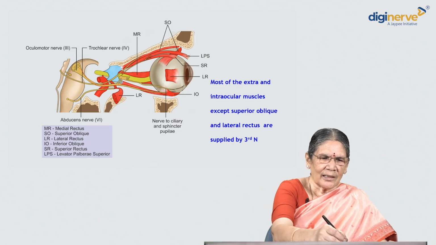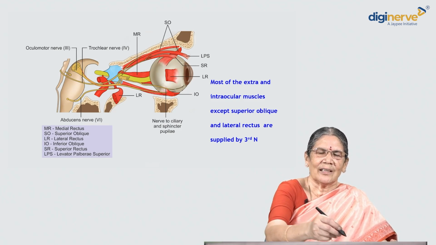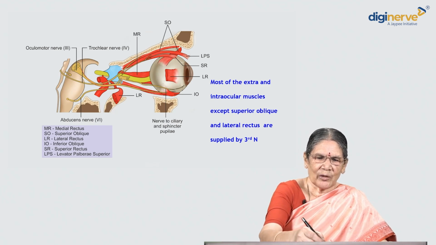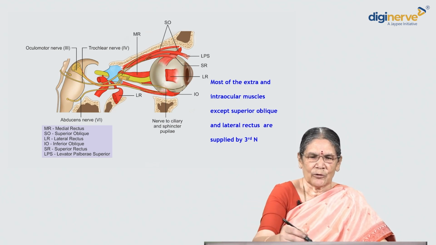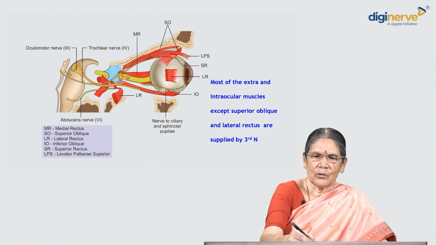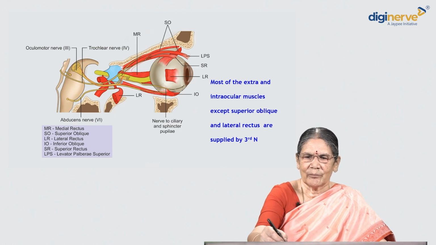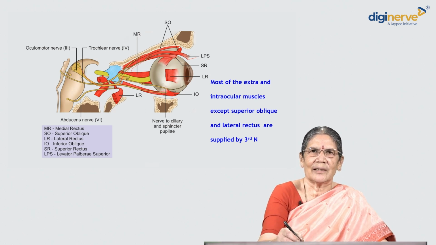The nucleus lies in the floor of the aqueduct of Sylvius, characteristically near other neurological structures. After it comes to the orbital portion, it divides into a superior and an inferior division. The superior division goes to the superior rectus and the LPS muscle, and the inferior division to the inferior rectus, inferior oblique and the medial rectus muscle.